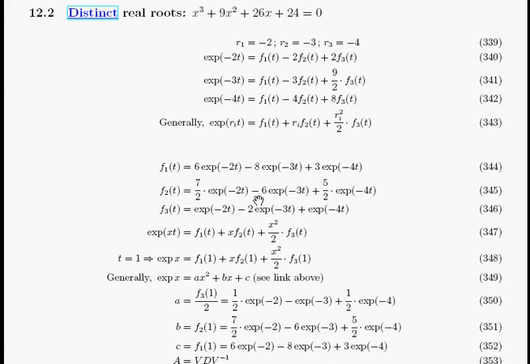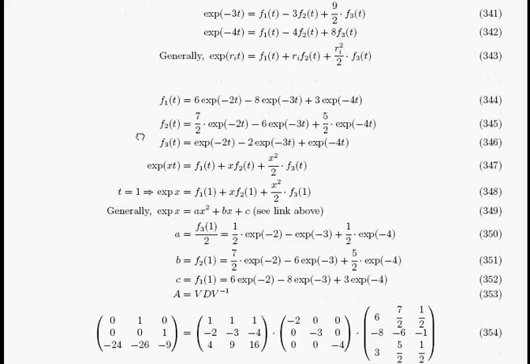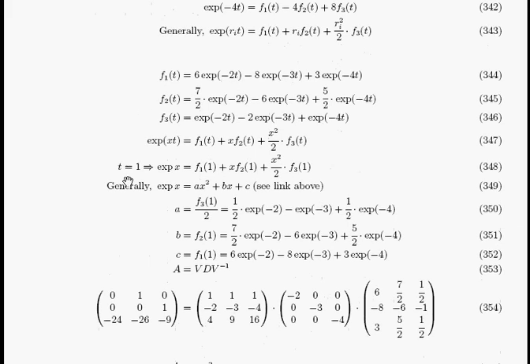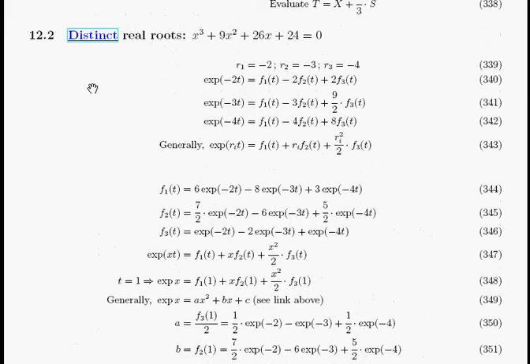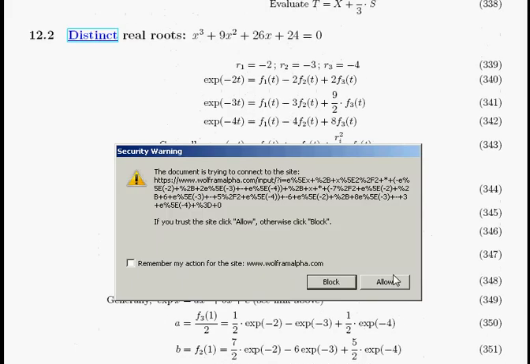We invert the matrix: 1 minus 3, 9 over 2, 6 minus 8 over 3. Let t equal 1. The exponential of X is f1 of 1. Okay. Generally, the exponential of X is a quadratic. See link above. Let's see the link above.